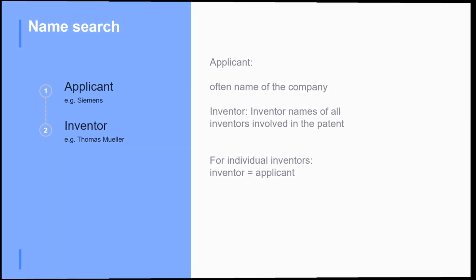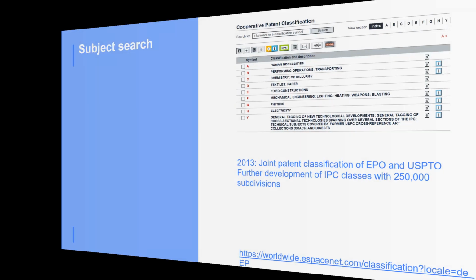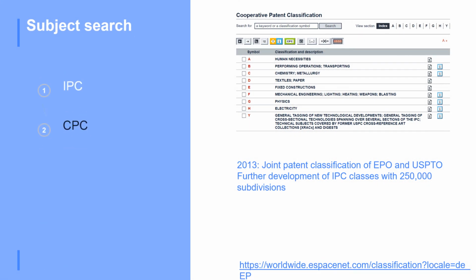Last but not least, you can also use technical classes, for example the IPC classes. That is the International Patent Classification from 1975, which divides technical fields into 8 fields, and after some time they decided to change it to another system, CPC classes, which is also used by the European Patent Organization, and that's also a joint patent classification of the EPO and the USPTO, and it's a further development of the IPC classes with 250,000 subdivisions.